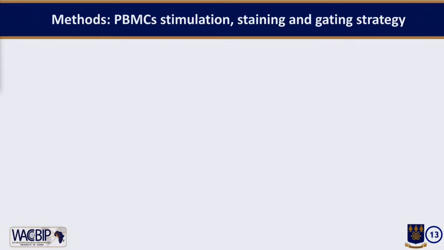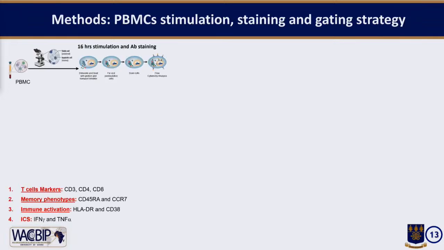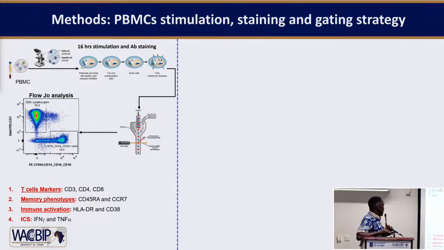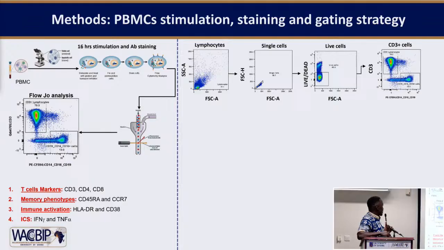So we performed a flow cytometry assay on these individuals, and what we did was a 16-hour stimulation with HIV-specific peptides. We went on to acquire the samples on the flow cytometer and then analyzed them on FlowJo, and this is our gating strategy that helped us get the characteristics of CD3 cells.